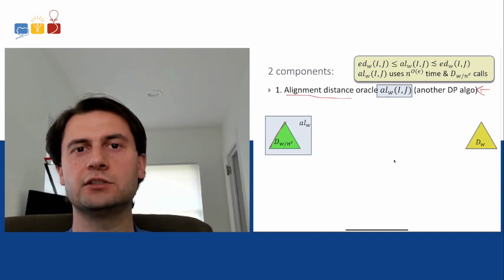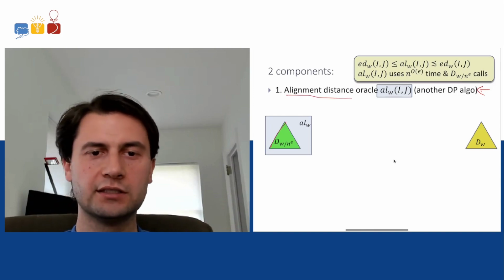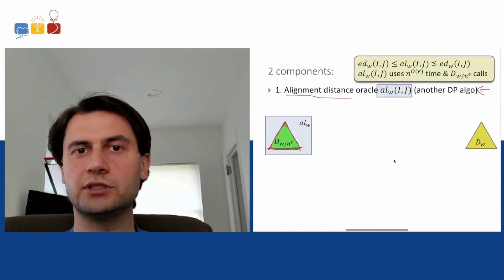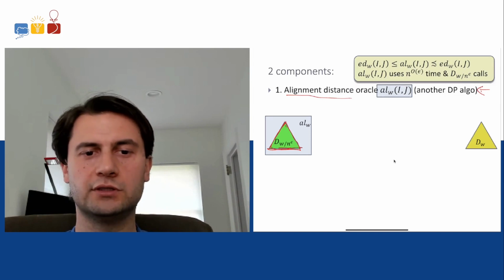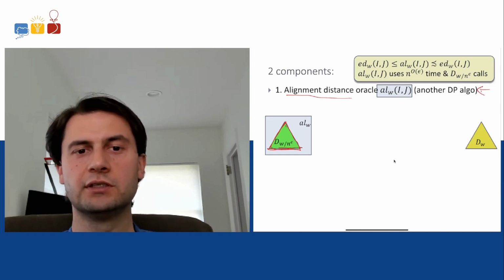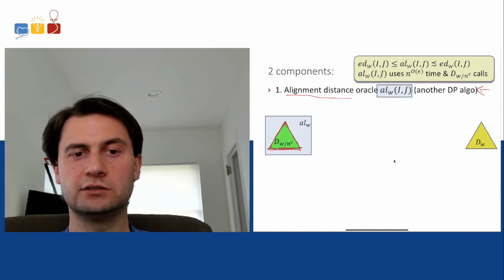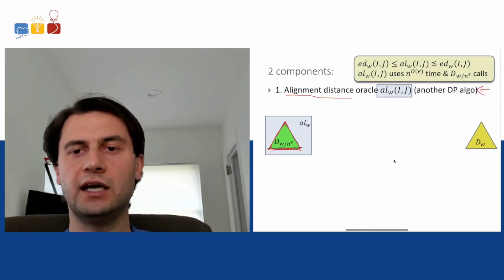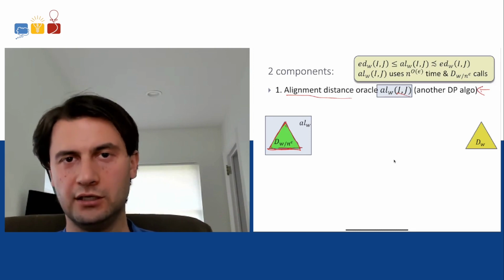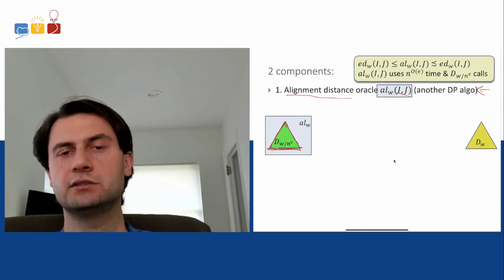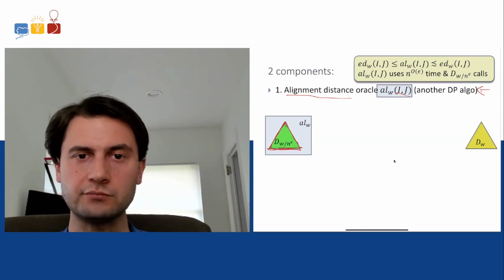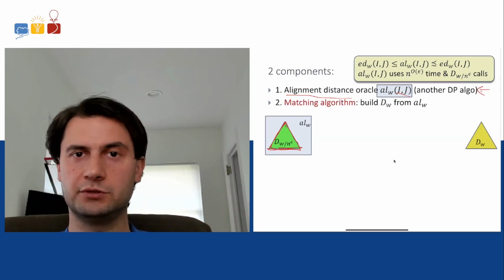It's a procedure that has access to the distance oracle for shorter strings, of length w by n to the epsilon, and given this, for any given i and j, it can spit out a number which is an approximation to the edit distance between the length-w blocks at i and j.